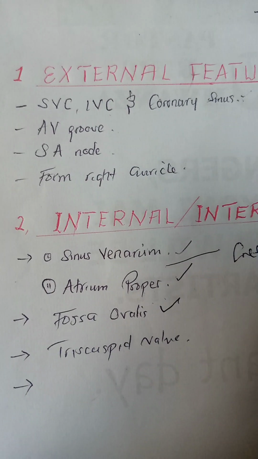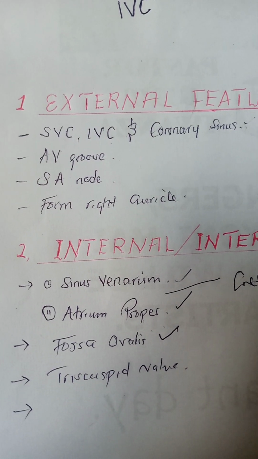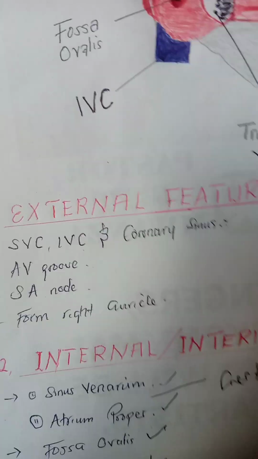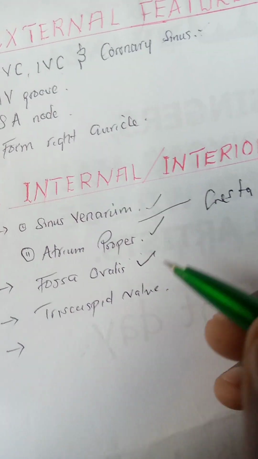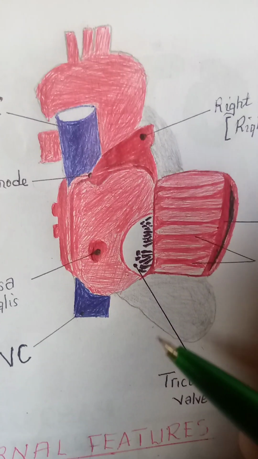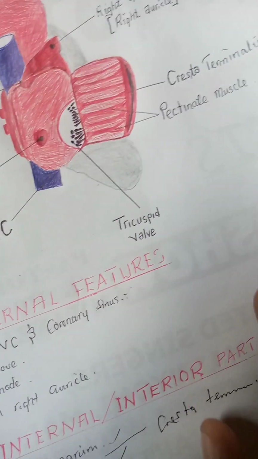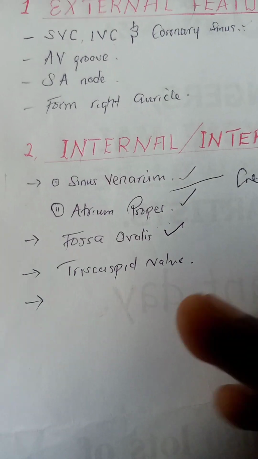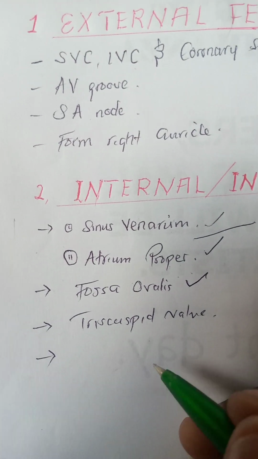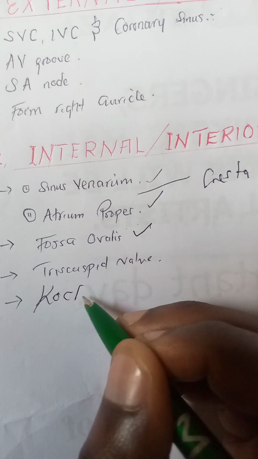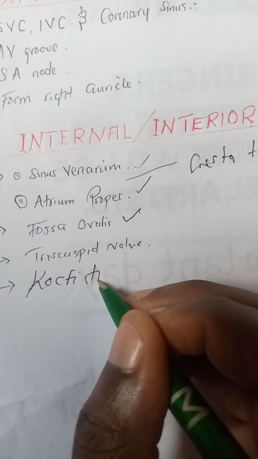Then apart from that, we also have other components which you can't appreciate very well on this diagram, but we can talk about them. So this part is called the Koch triangle. Let me just write it, the Koch triangle.